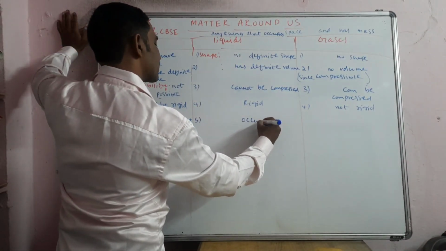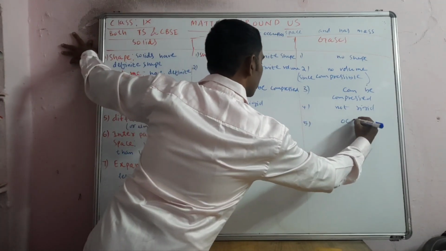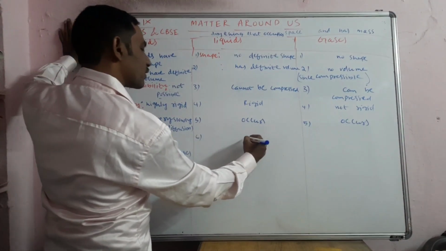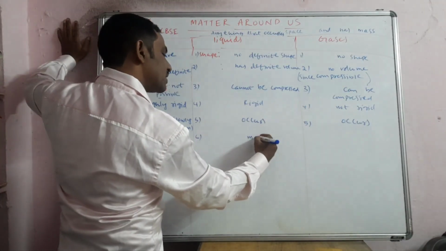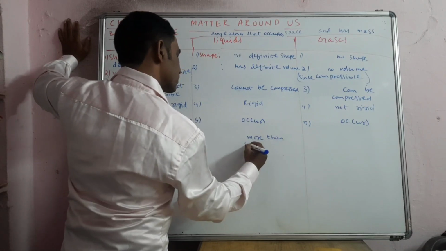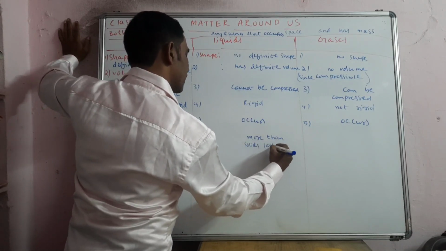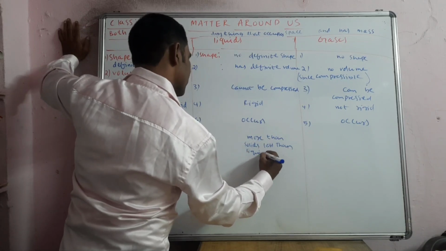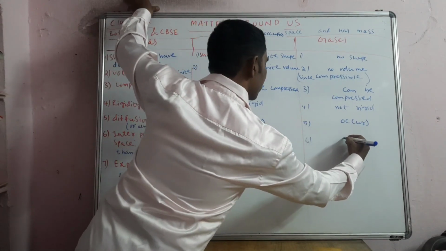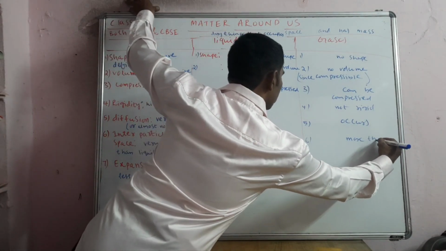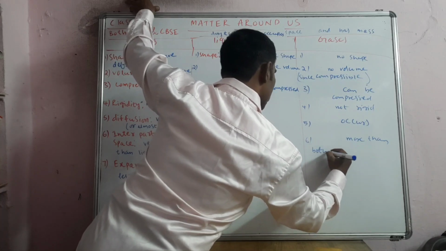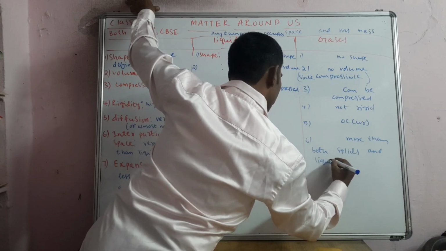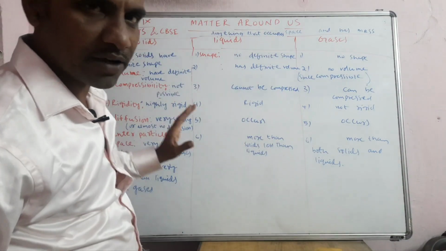Intermolecular space is very less in solids. In liquids, intermolecular space is more than solids, less than gases. And in gases, intermolecular space is more than both solids and liquids.